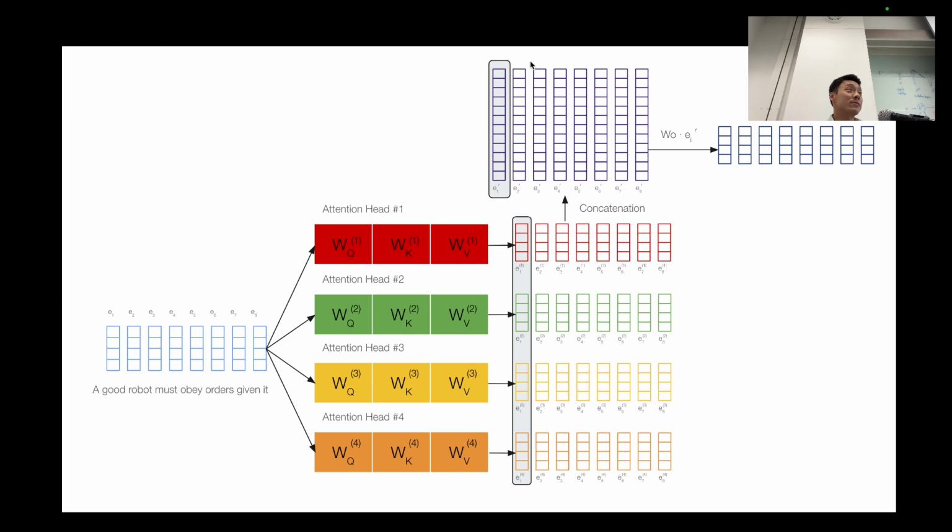How do we change the long vector into a short vector? Multiply it by a matrix that will shrink it. So you shrink it back into the previous size. So that's multi-head. Okay, so you do the same self-attention thing that many times, combining that and compressing that.